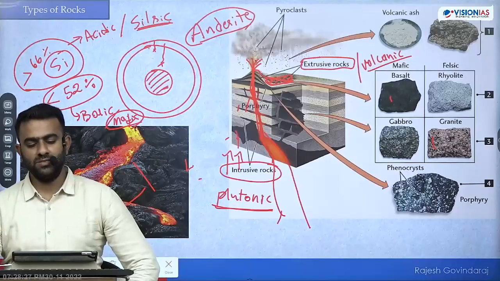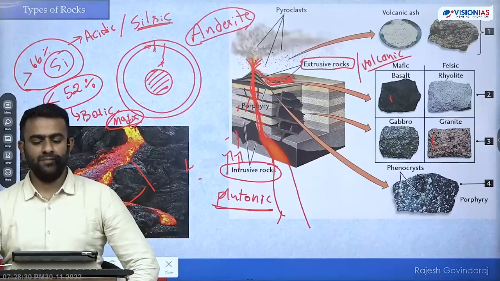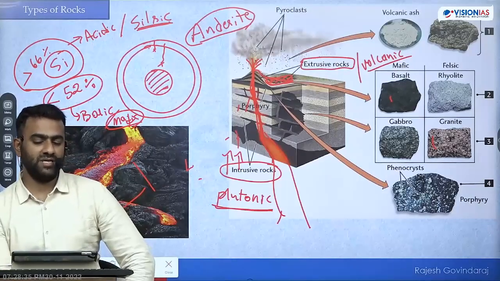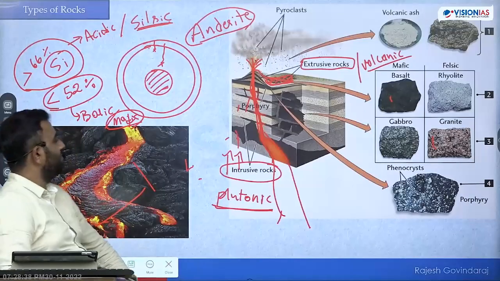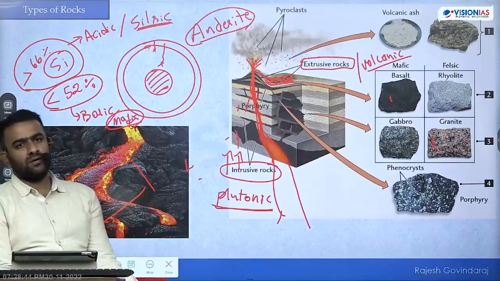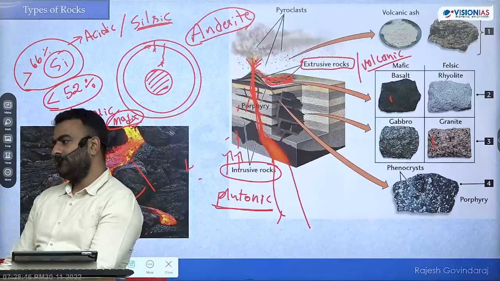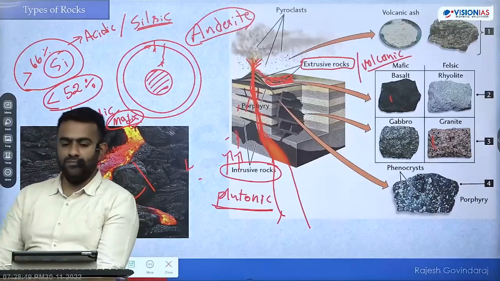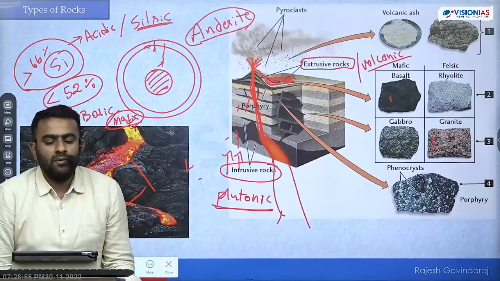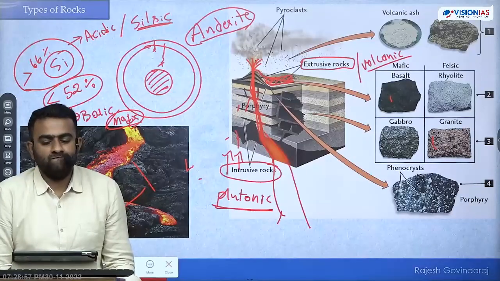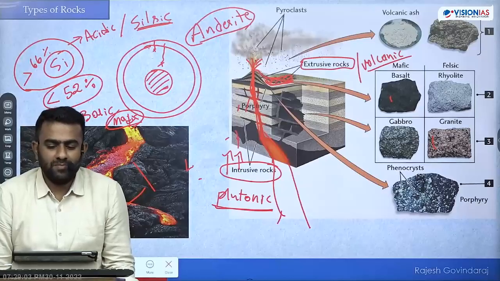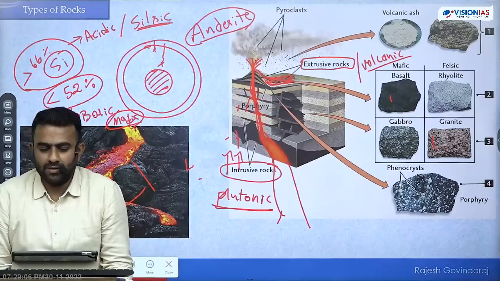Second, basic or mafic, MAFIC, with silica content less than 52%. Example for acidic, granite. Example for basic, basalt.